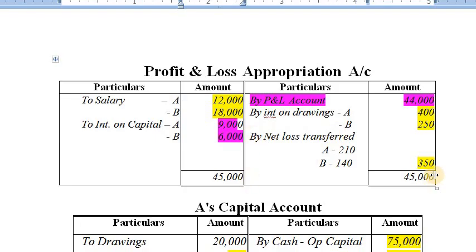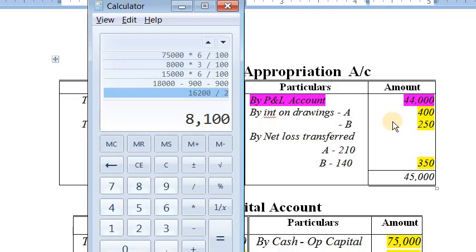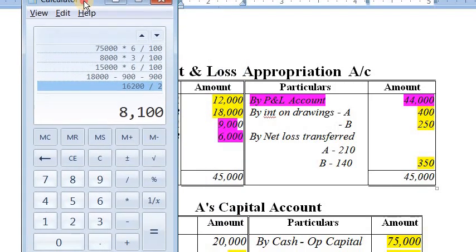These debits are more than the credit. Actually, it is something I overlooked. In examination, you will not get totals very close to each other. The total will be drastically different, so that you will know exactly that debit is more.